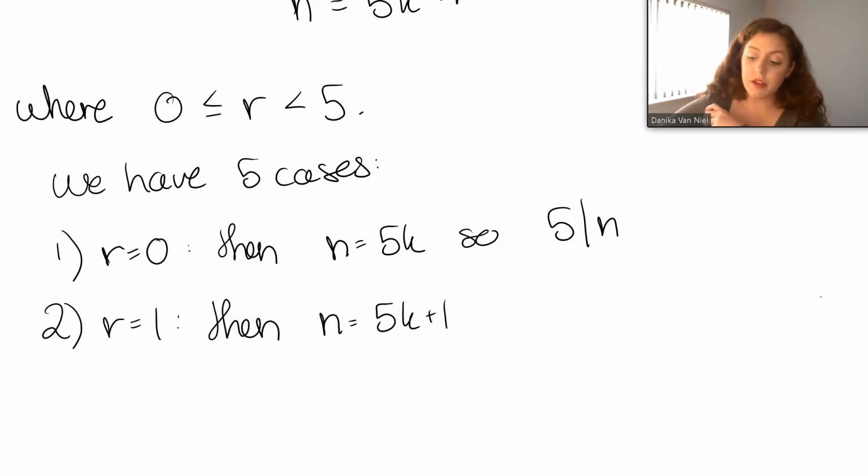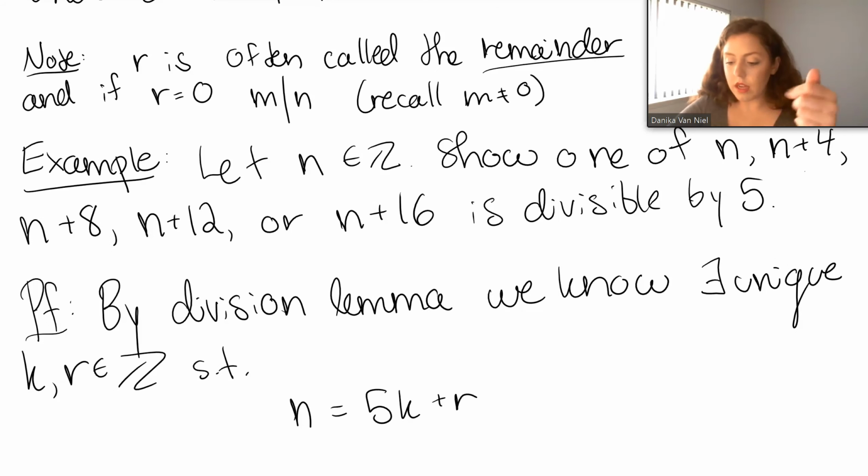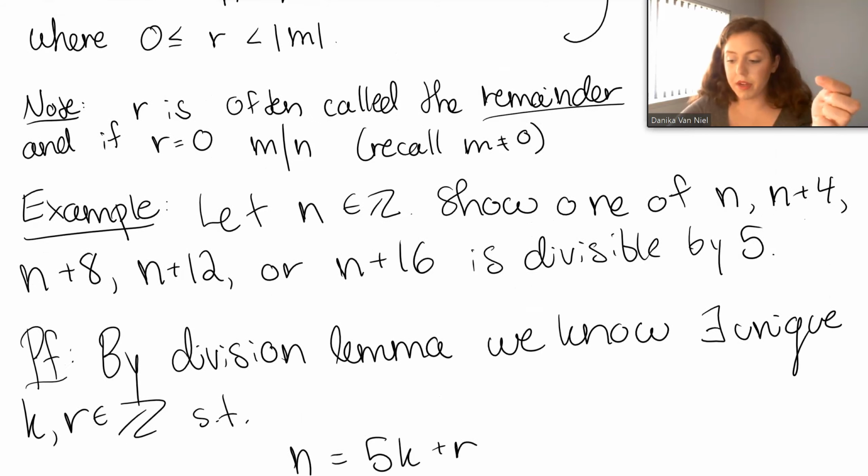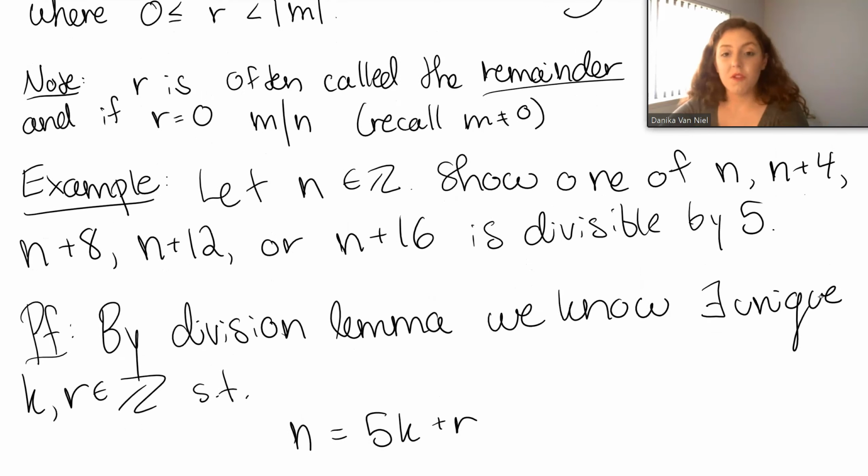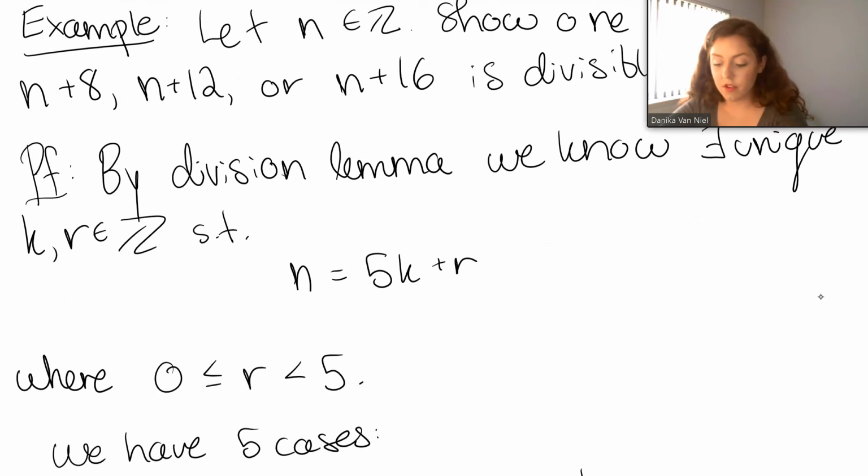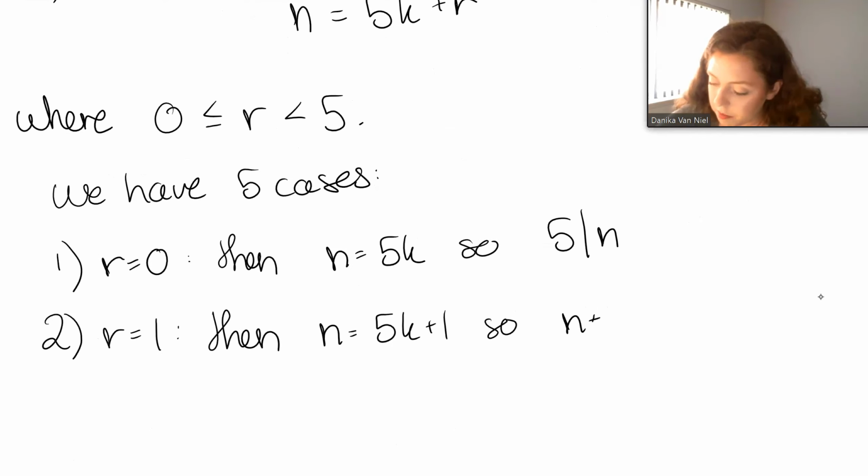In order to factor a 5 out of something, it needs to be a multiple of 5, right? So what could I add to 1, out of all these options, that would give me a multiple of 5? Give you a few seconds. Well, 4 is going to work. So n plus 4 equals 5k plus 5.